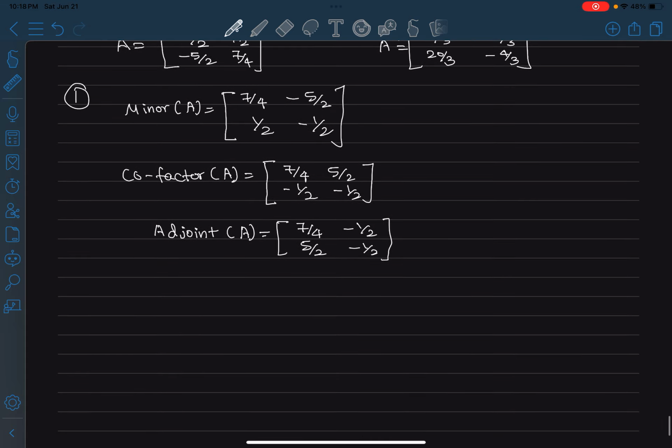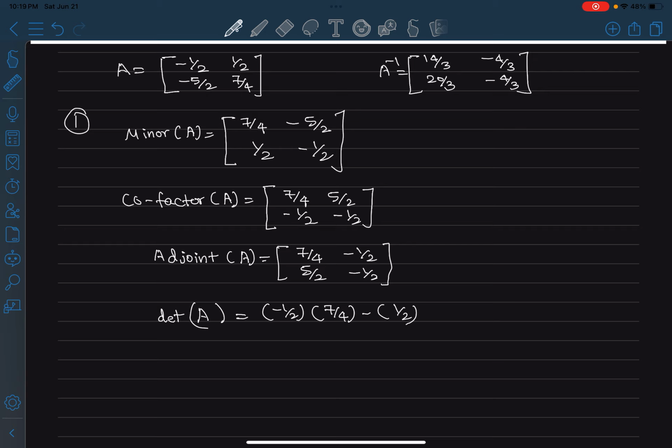Then, to find the inverse, you first need the determinant as well. The determinant of A will be -1/2 times 7/4 minus the product of the second diagonal, 1/2 times -5/2. For a 2 by 2 it's easy: the product of the first diagonal minus the product of the second diagonal.